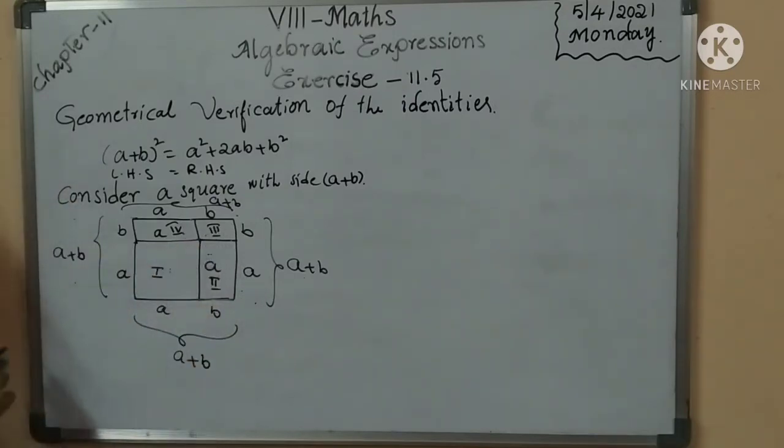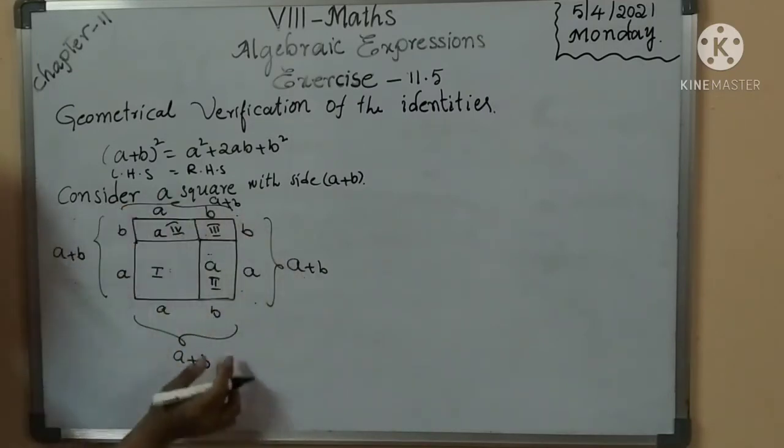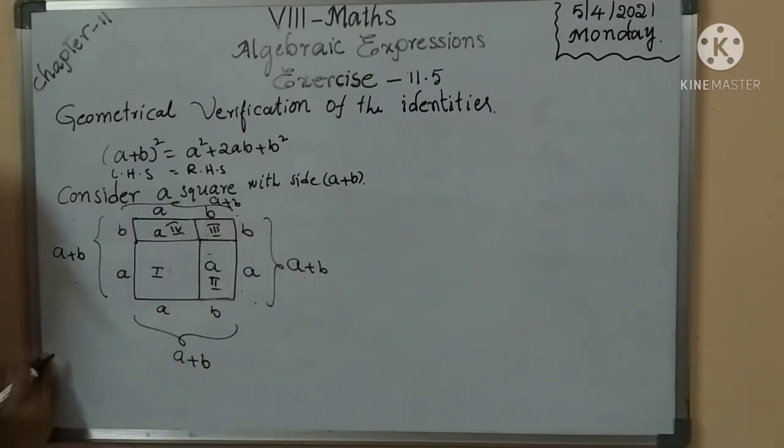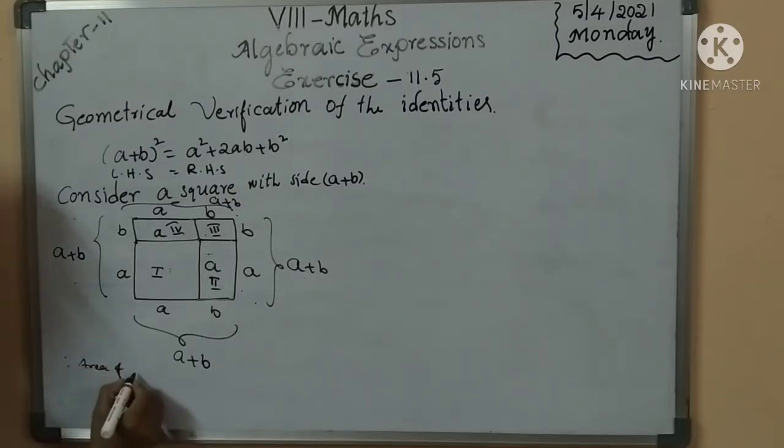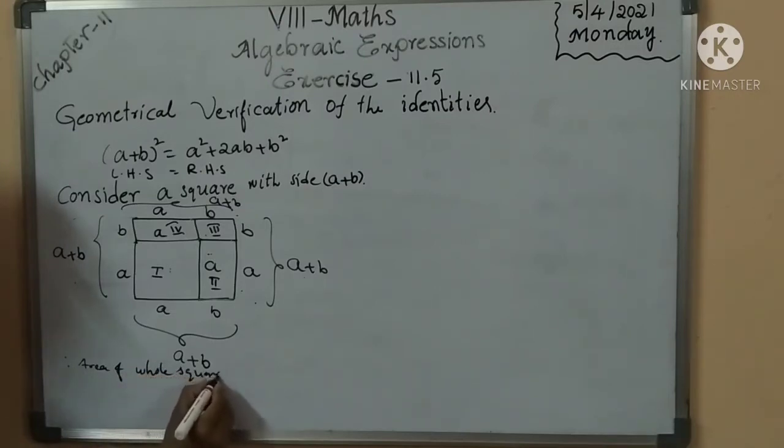We know that it is (a plus b) whole square. This is the total square. Therefore, the area of the square is equal to side into side. We know that the area of a square is side into side.